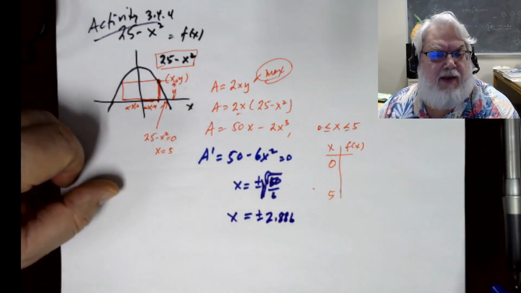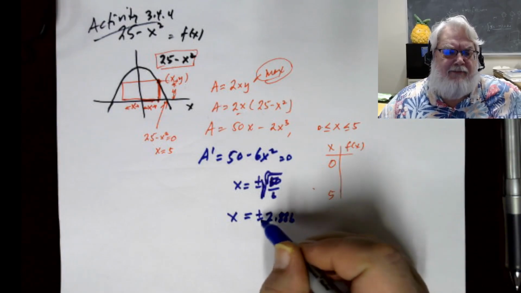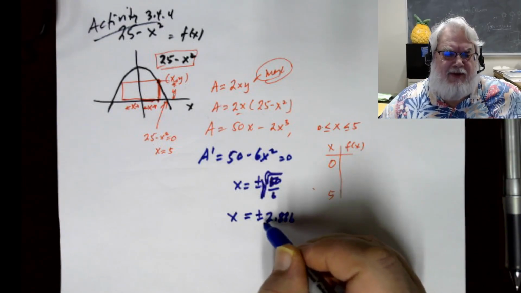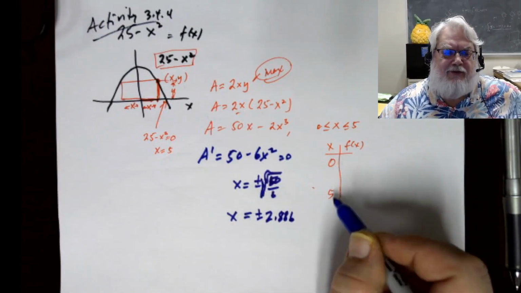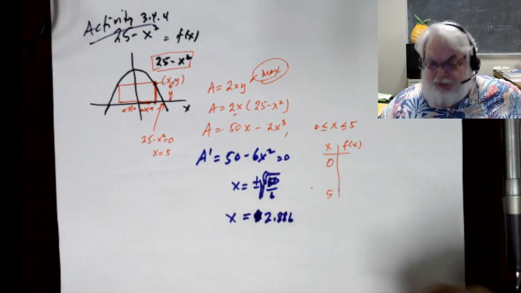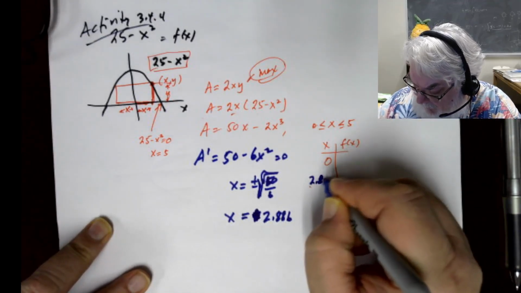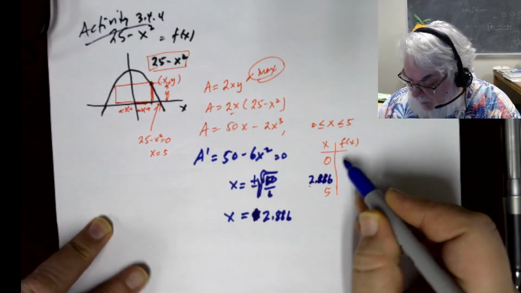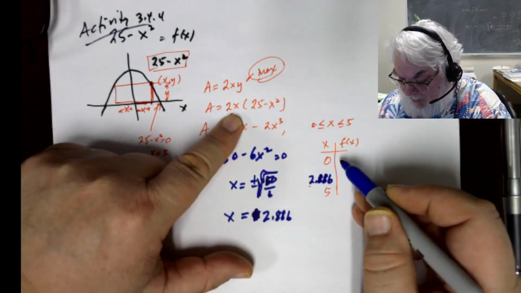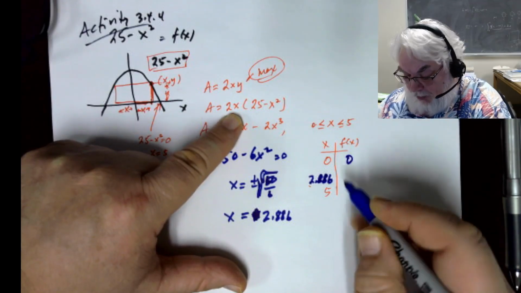Now the problem with using this is that we have both the plus and the minus, but we're in the interval from 0 to 5, so we can get rid of the negative one and just use the positive. And so we'll put a 2.886 here. Now if I put 0 into my formula, I get a 0 volume, or area, sorry.